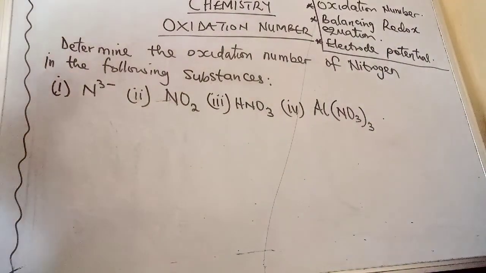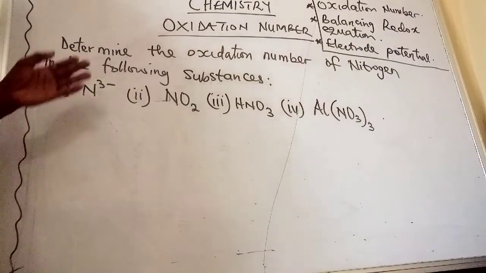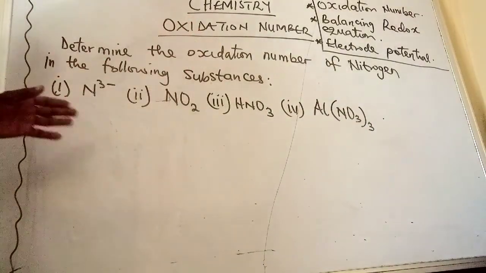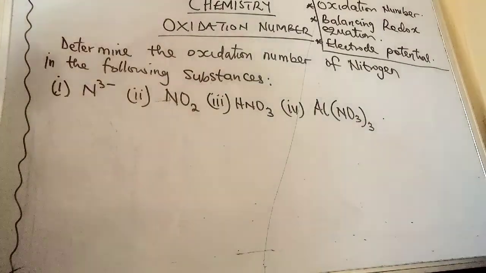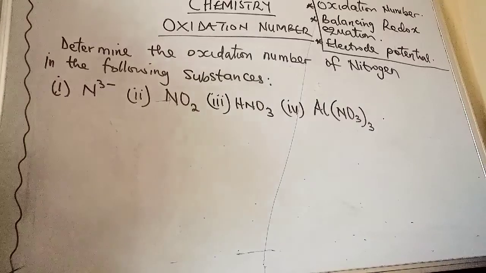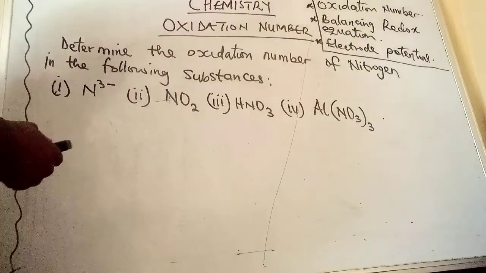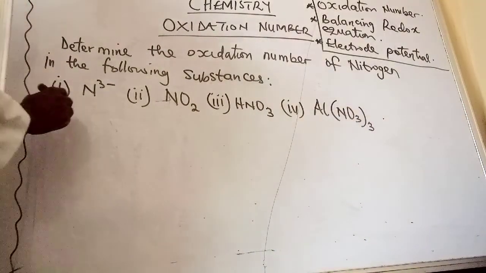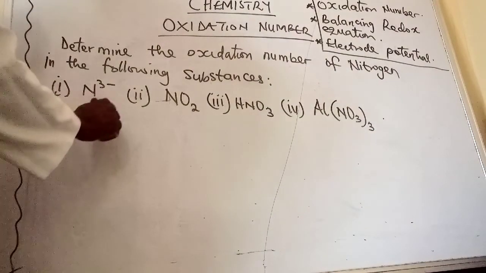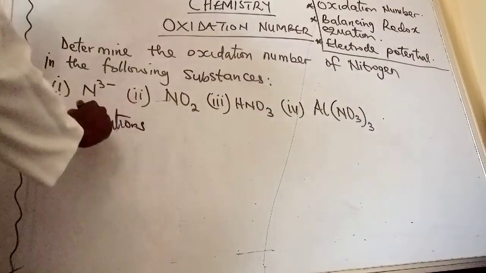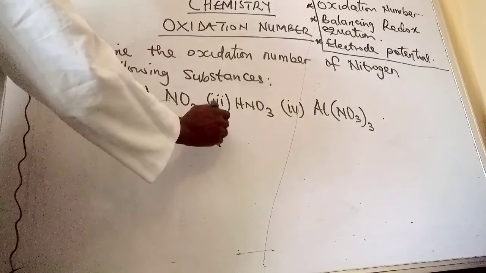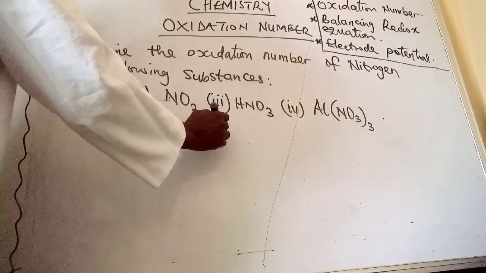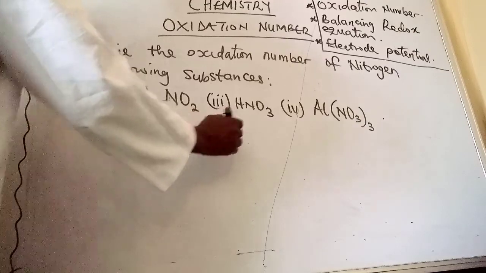Now, oxidation number. We want to find the oxidation number of nitrogen in the following substances. How do we find oxidation number? We are going to have a look at a series of examples. Solutions. In Roman figure 1, we are given nitrogen ion.